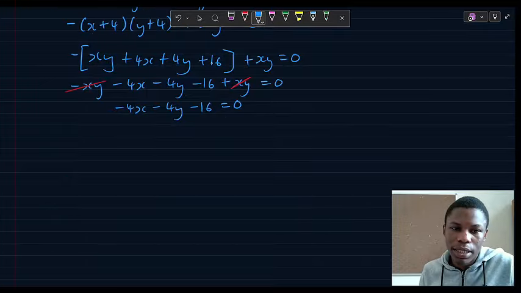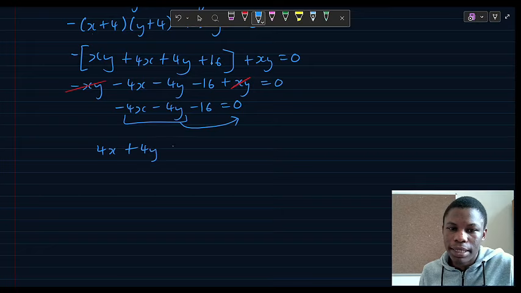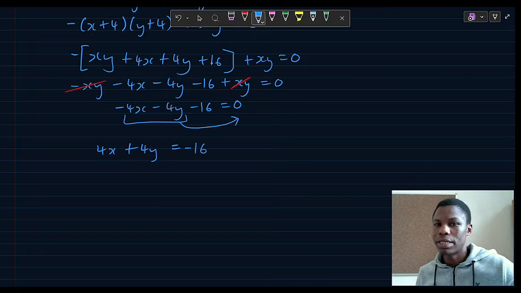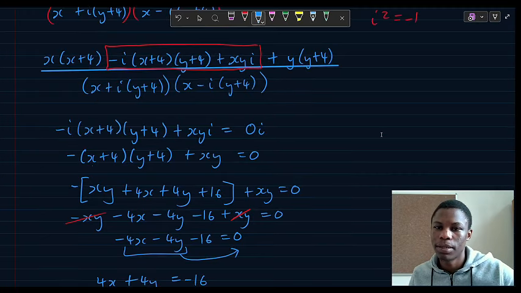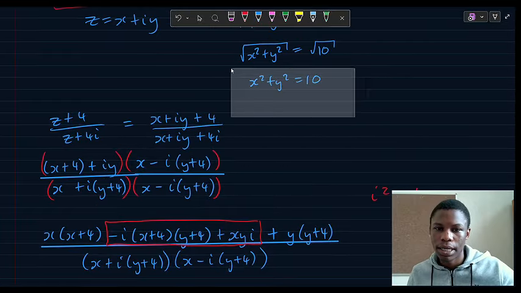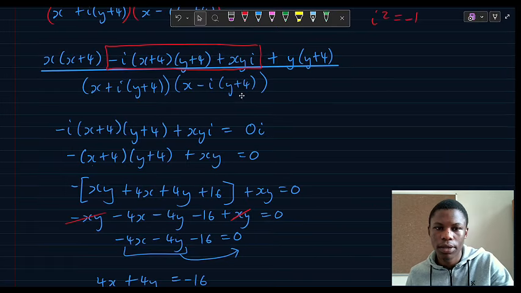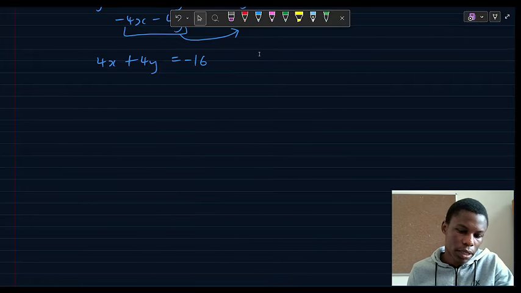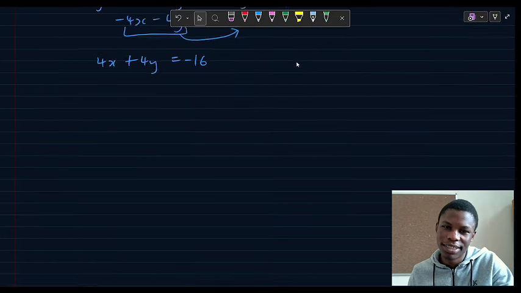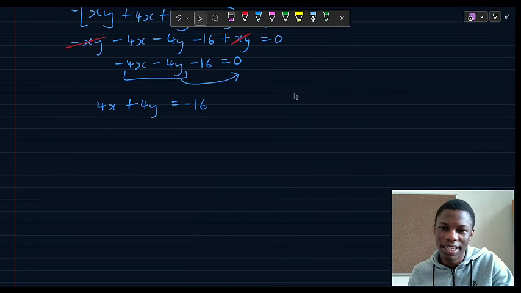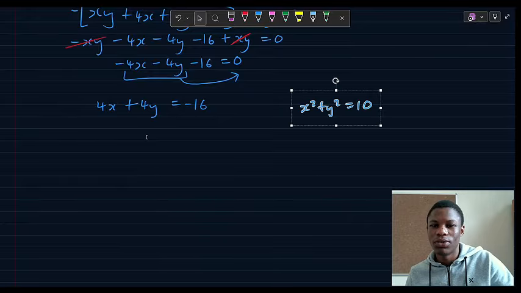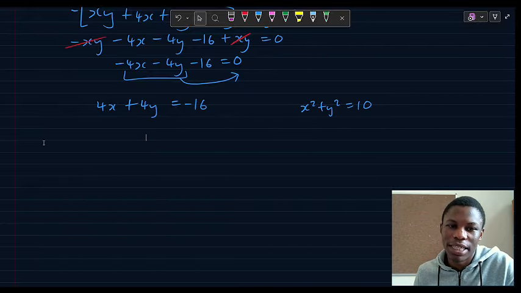If I move these two to the right, I end up with 4x plus 4y is negative 16. So that's our second equation in terms of x and y. The other one was that. So we can go ahead and solve these two equations simultaneously.